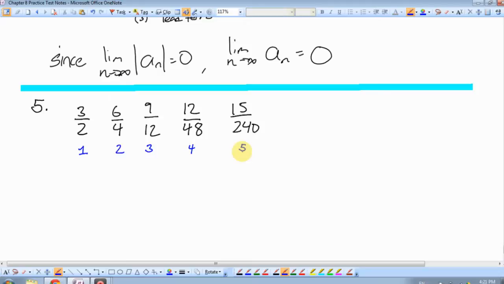So in other words, let's take a look at the numerator: 1 and 3, 2 and 6, 3 and 9, 4 and 12, 5 and 15. Okay, so the numerator is equal to n times 3.